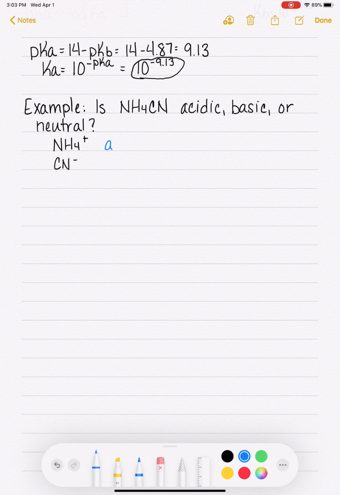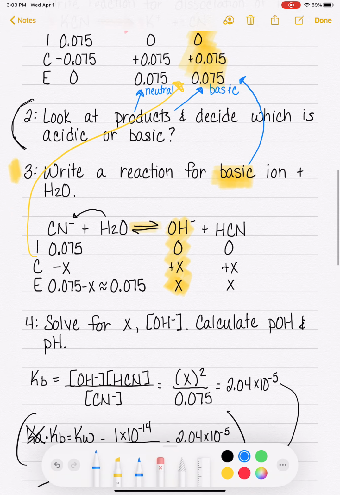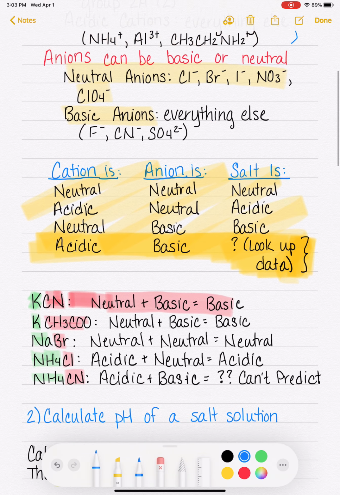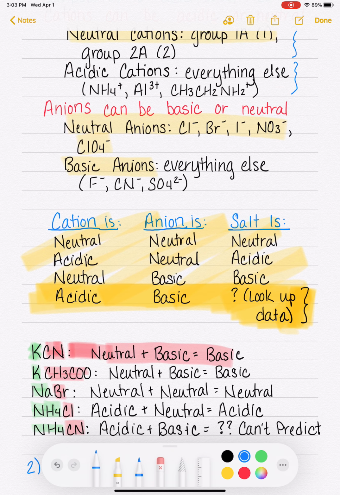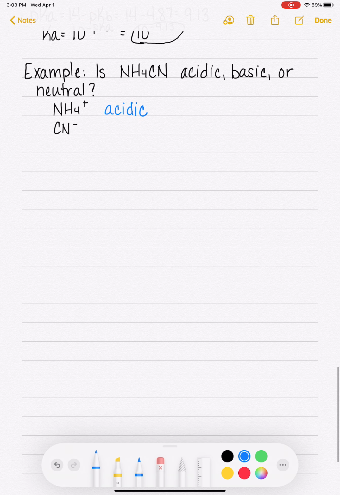NH4 plus is acidic. Anions can either be neutral or basic. So let's scroll up to how we make that decision. For anions, the neutral anions are these 5 right here, and that's not one of them. In fact, CN minus is listed as a basic anion.